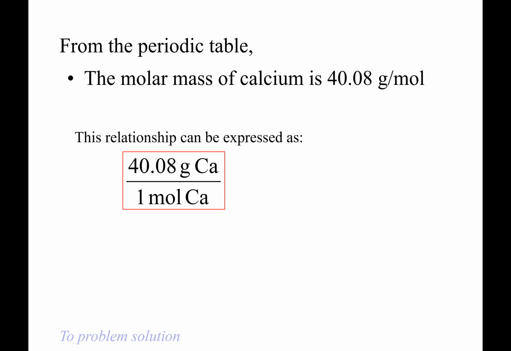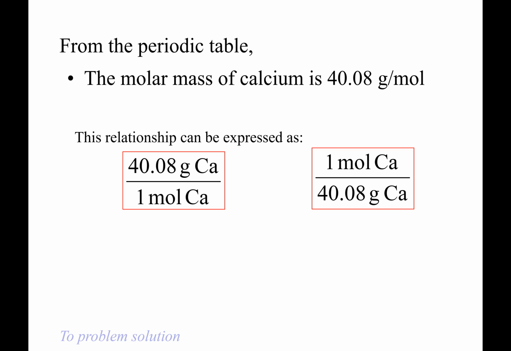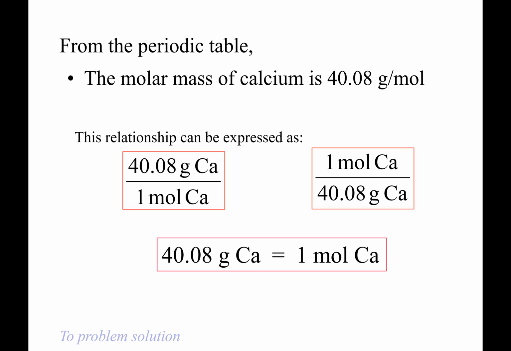To unpack that for calcium, it means these two things. There's 40.08 grams of calcium per 1 mole of calcium atoms. 1 mole of calcium atoms would weigh 40.08 grams of calcium. I could also flatten it out and make it an equality. It's a physical property, it's a quality for how calcium rolls.